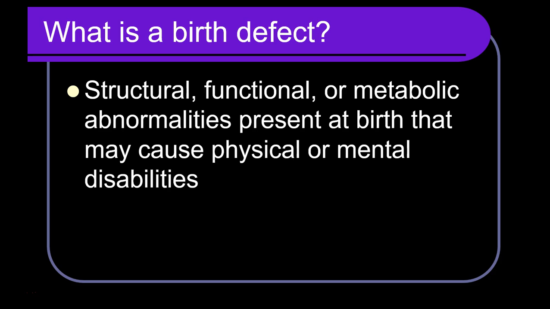So with some birth defects, they may not really show up necessarily until some time has passed, but they're there. And it's not really that you see them until the child is not doing things that he or she is expected to do or that they would normally do. So birth defects don't always show themselves immediately, even though they are there.